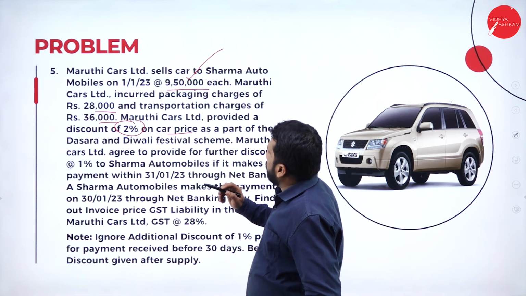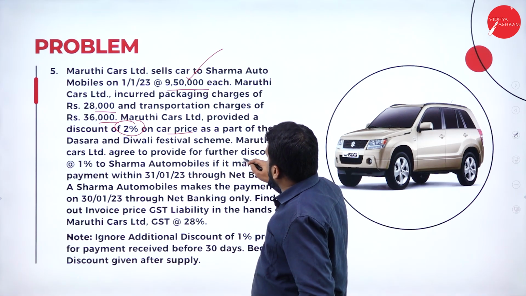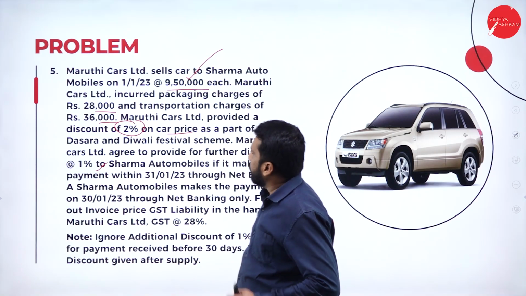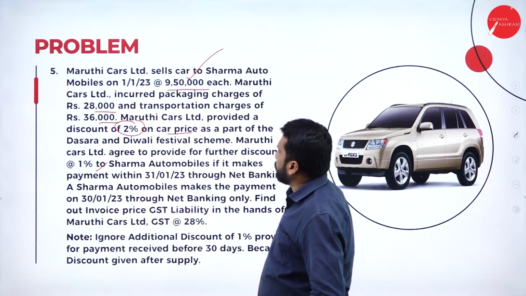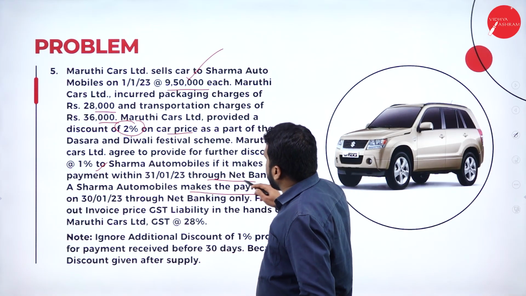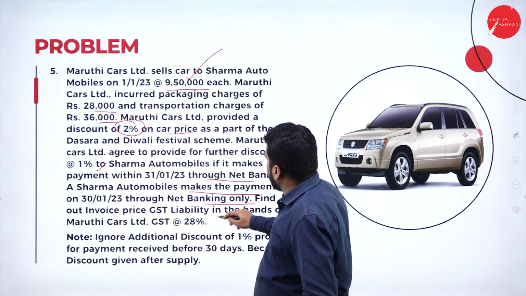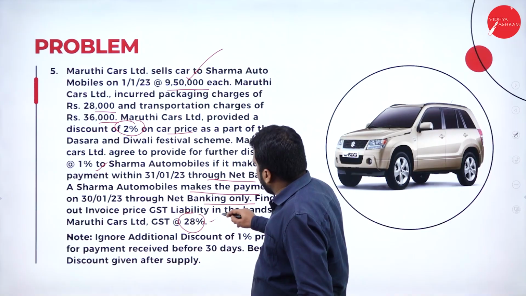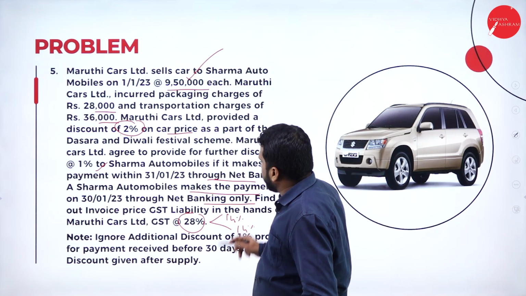Now, Maruti Cars Limited agrees to provide a further discount of 1%. Normal discount is 2%, and additionally they are giving 1% extra. Sharma Automobiles makes the payment through net banking only. Find out the invoice plus GST. The GST is 28%, so you have to go with 14% and 14% each.